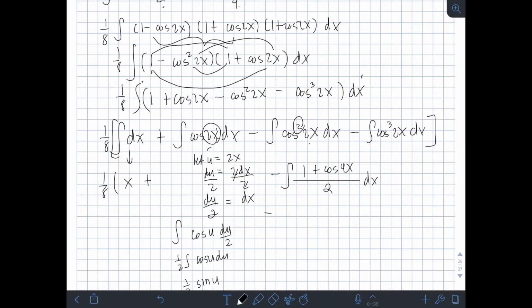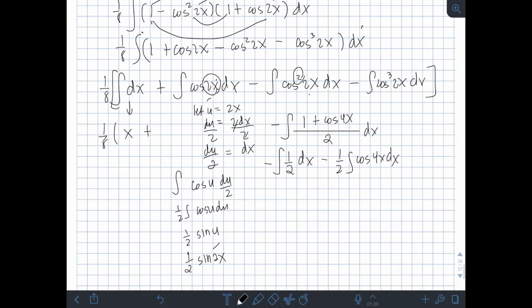So, we have negative 1/2, distribute natin yung 2, dx minus 1/2 integral ng cos 4x dx. So, therefore, it is equal to negative 1/2 x, then minus 1/2. So, ito cos 4x. So, ililet uli natin itong 4x. So, parang ito rin yung case natin dito.